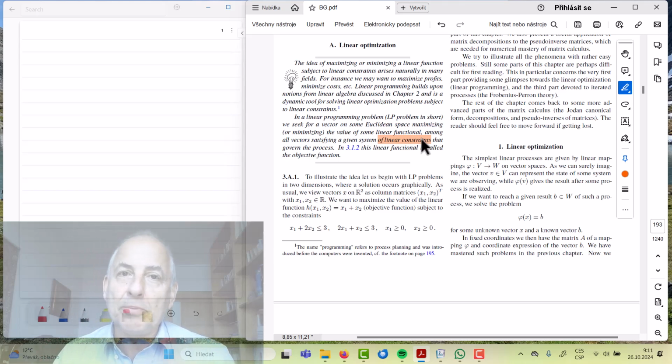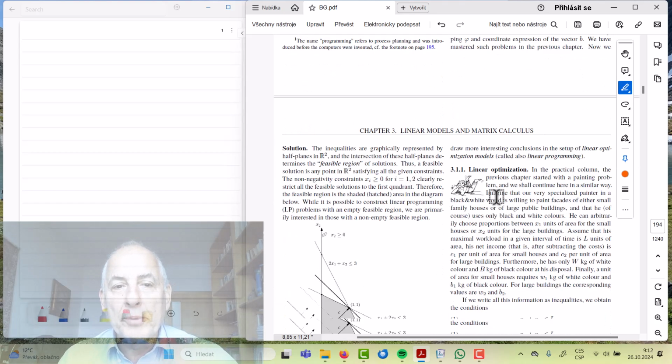So it's a linear optimization under linear constraints. Later on you will see that if it's nonlinear, it's much more complicated, but the linear one is the really useful one. So let's have a look what the problem is.